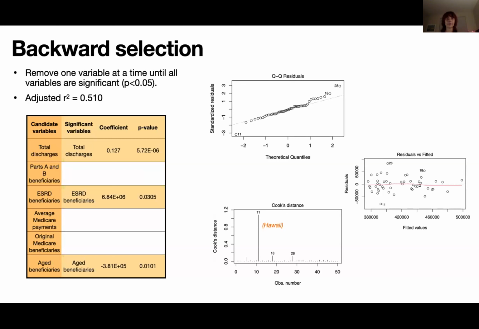And I found that the significant variables contributing to spending were the total number of Medicare patient discharges from hospitals within the state, as well as the proportion of beneficiaries with end-stage renal disease. And those both had a direct correlation, and then there was an inverse correlation with the proportion of beneficiaries 65 and up.